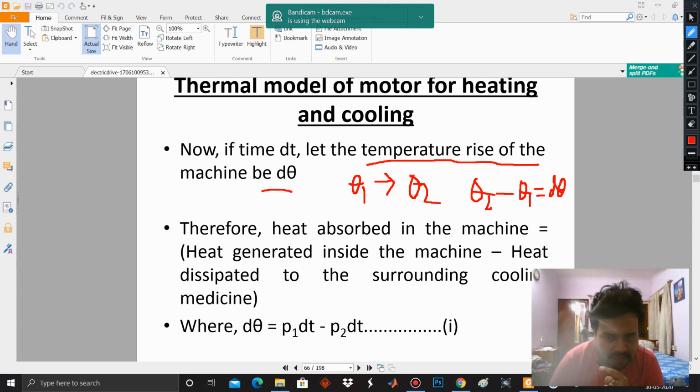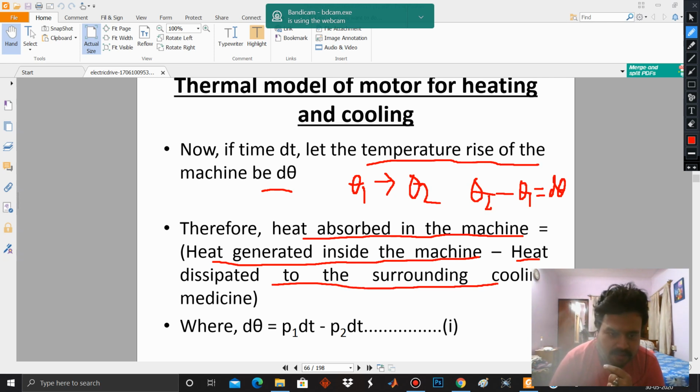Therefore, by the law of conservation of energy, heat absorbed in the machine is equal to heat generated inside the machine minus heat dissipated to the surrounding cooling medium. So c d theta is equal to P1 dt minus P2 dt.